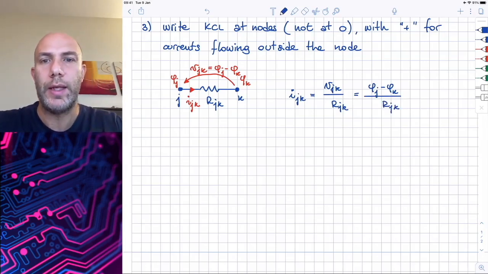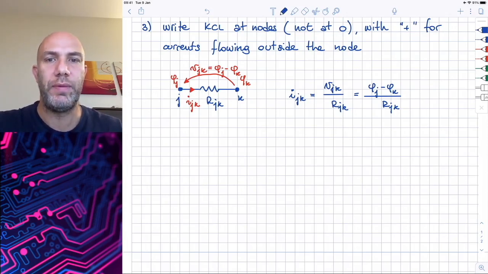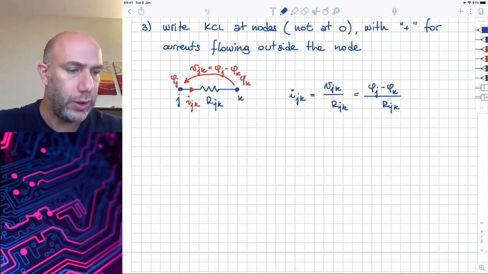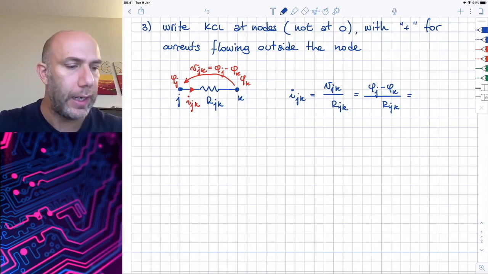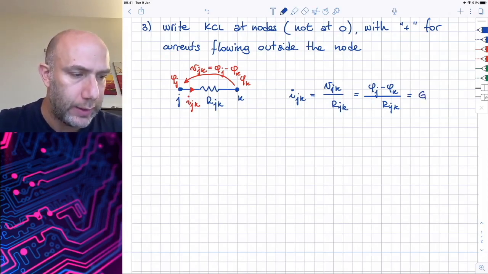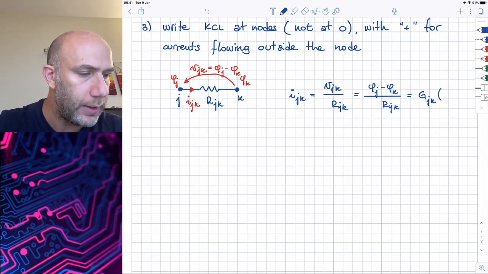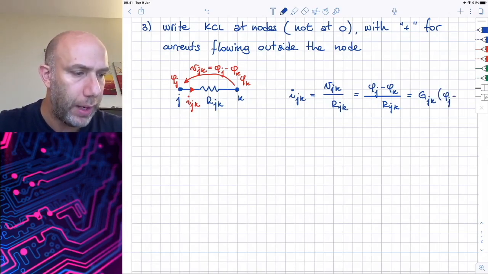So we can write each current as the difference between two potentials divided by the value of the resistance. If we want to simplify the notation, instead of using the resistance, we can use the conductance. So we can write this current as the conductance GJK that multiplies phi J minus phi K.